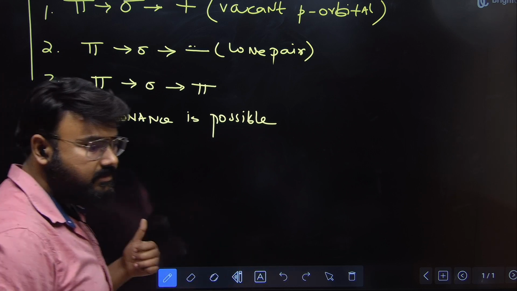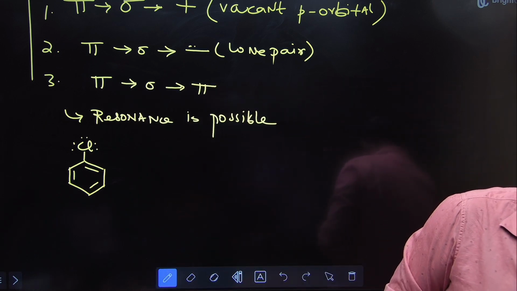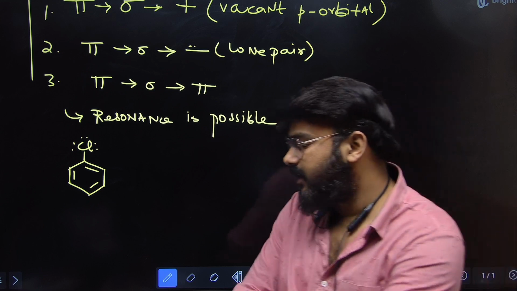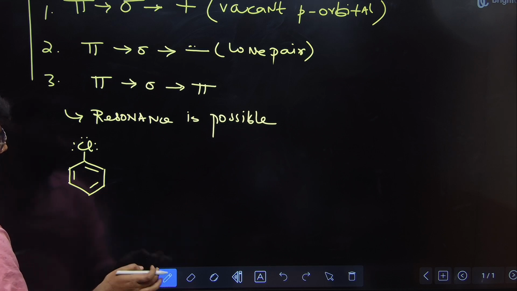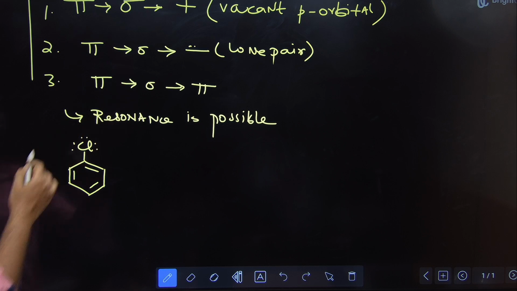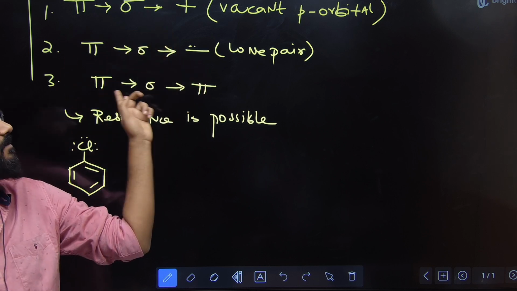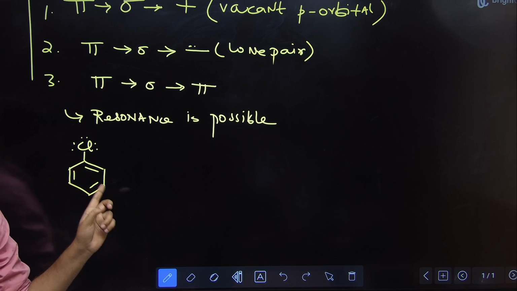Now, in this chlorobenzene structure, what we need to do is find any of these patterns: pi sigma plus, pi sigma minus, or pi sigma pi. First of all, this entire ring has pi sigma pi.